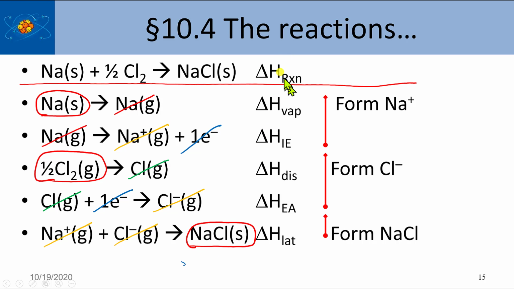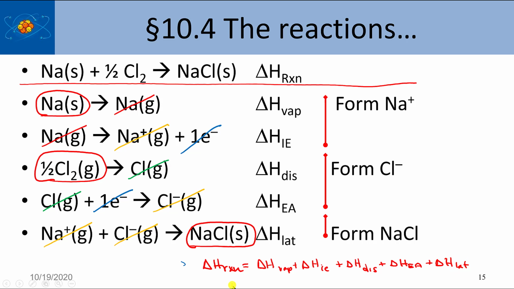So what that means is I can write the following: delta H of the reaction is equal to delta H of the vaporization plus the delta H of the ionization energy plus the delta H of the dissociation plus the delta H of the electron affinity, right? Plus the delta H of the lattice energy.